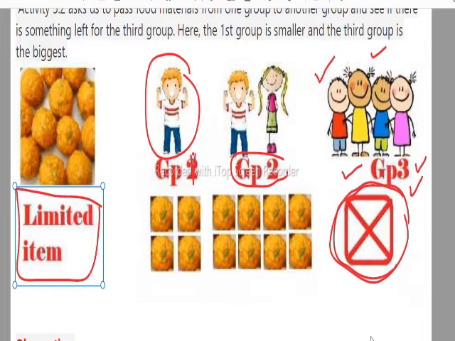So what we have observed in this activity is that the item is limited and the population is increasing day by day. So a day will come when there is no food item left for the future generation. So today we need to think over it, and we need to use all the exhaustible natural resources wisely.